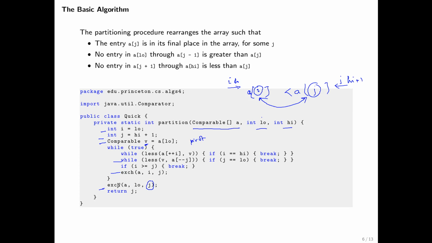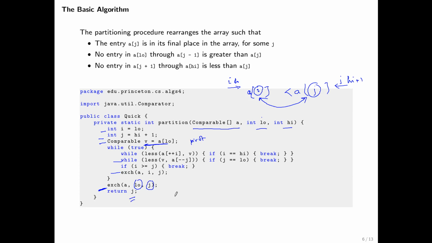So all that we do via this exchange is take the pivot element, which is at low, and put it at index j, and whatever is at j goes to index low. This exchange is responsible for placing the pivot element at the right place, which is given by index j, the value returned by partition.